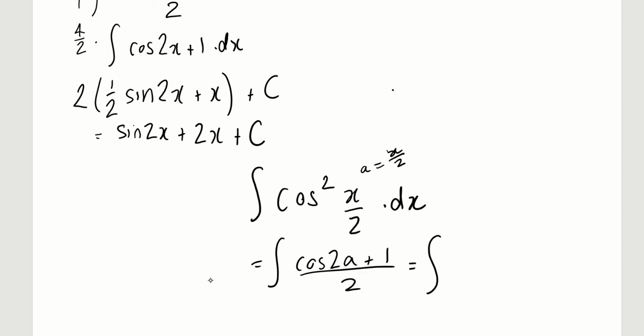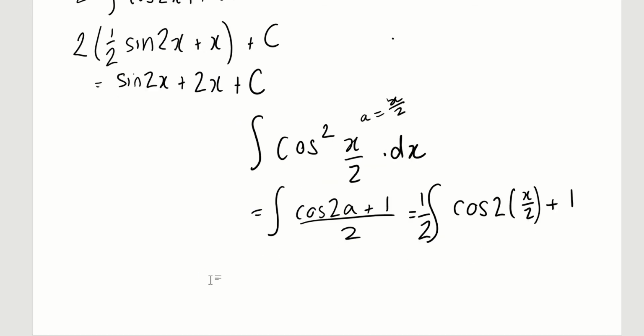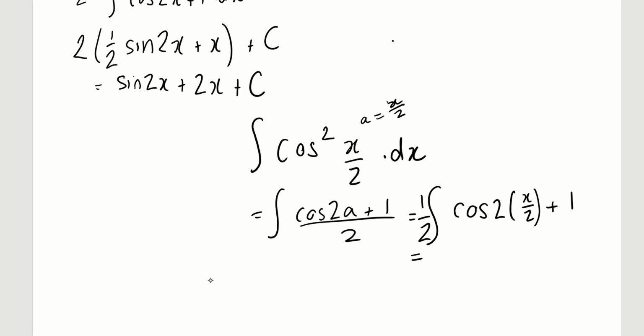Which I'm just going to make another line here, is cos 2 lots of x on 2 plus 1. Now you can bring the on 2 out the front if you like that better, which is just going to give me, the 2's are going to cancel here, so it's just going to be half of the integral of cos, which is sine x plus c. And it's going to be half of this as well.